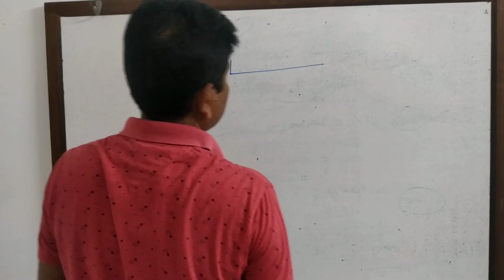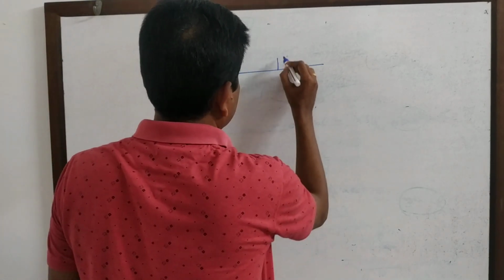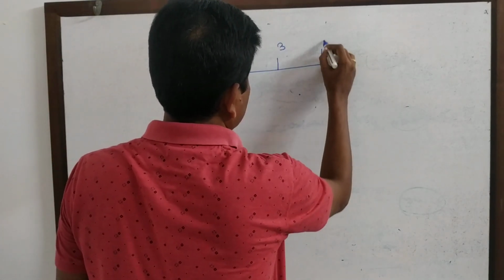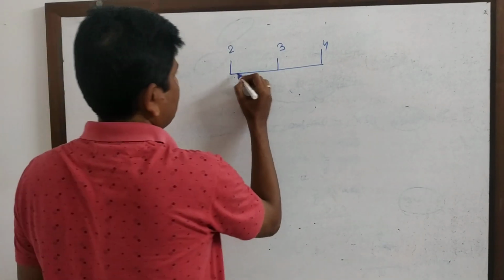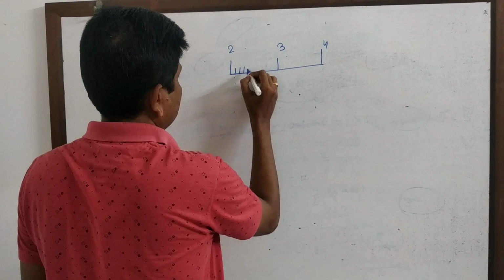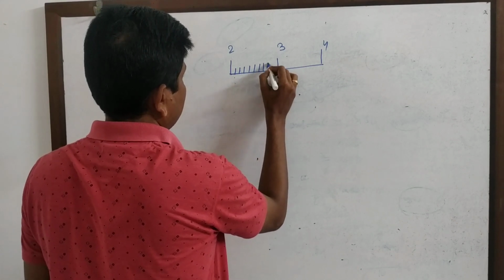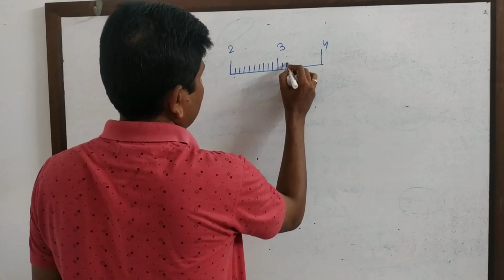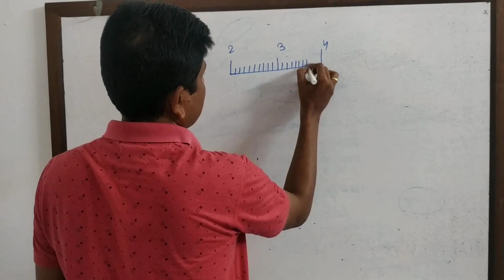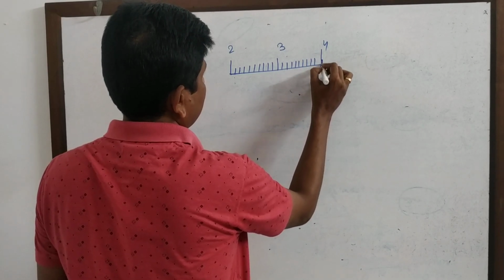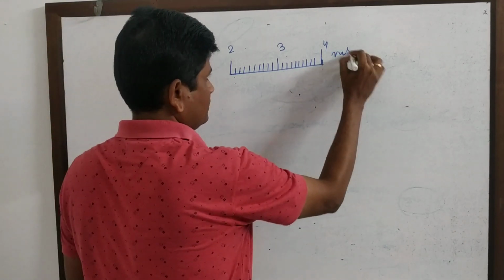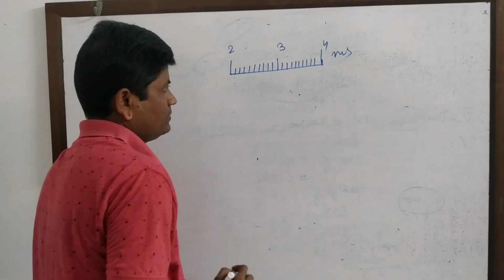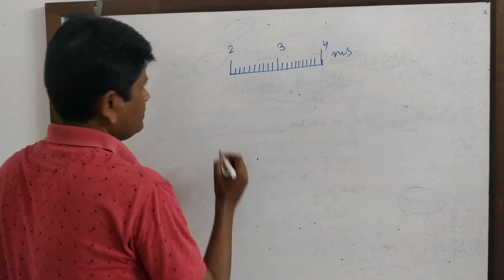This is 2, this is 3, this is 4 cm, and it has 10 divisions: 1 2 3 4 5 6 7 8 9 and 10. This is the main scale, and below it the vernier scale is there.